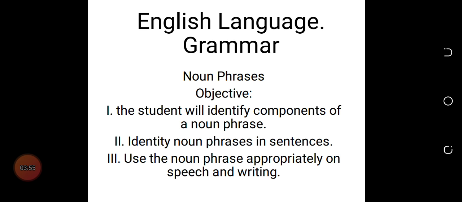So for example, the dog with the soft brown fur is lying under the table. If you want to underline the prepositional phrase, you realize that when you look through, we have with. Is that clear? So quickly you make that out and you underline it.